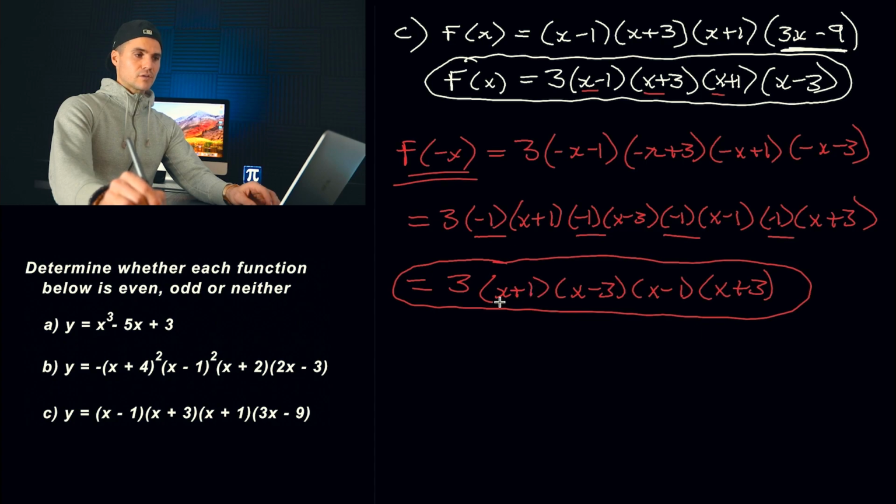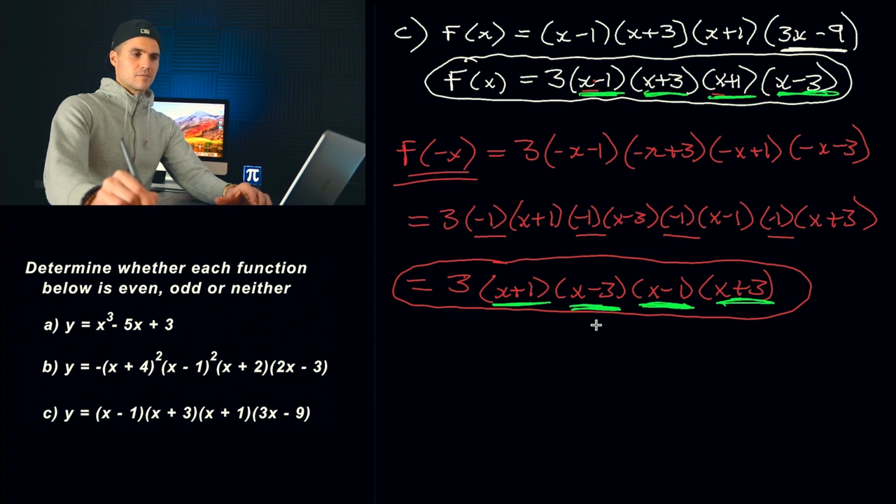And if you look carefully, this function and this function f of x, they're actually the same, right? So we got the 3 in the front. Now this x minus 1, it changed into x plus 1, but notice that this x minus 1 here, we have another x minus 1 here. X plus 3, x plus 3, x plus 1, x plus 1, x minus 3, x minus 3, right?